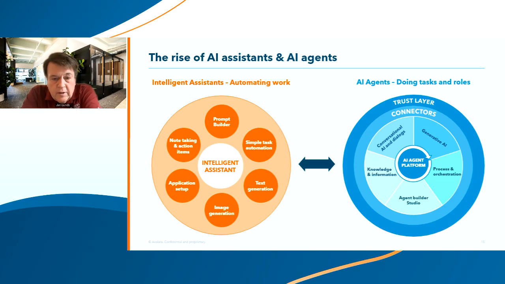So our view is, the assistant might be a chat interface that is your work assistant. And then a number of role-based agents. In fact, let's go to the next slide.